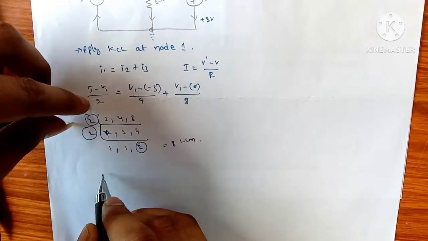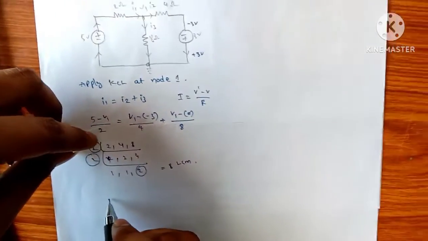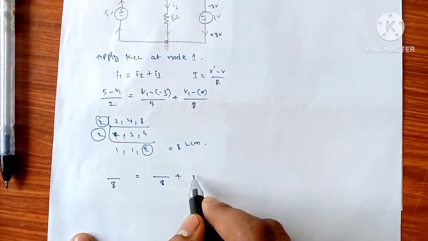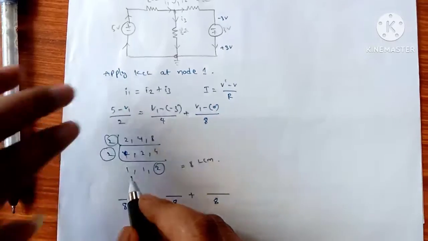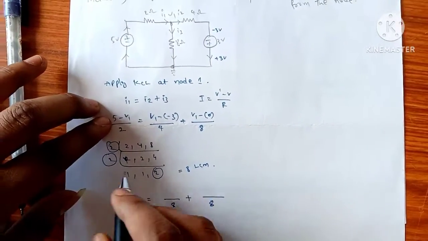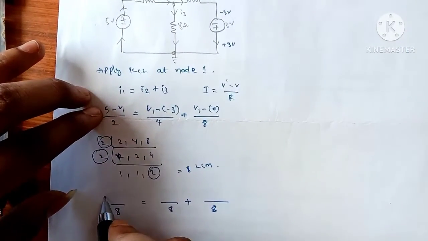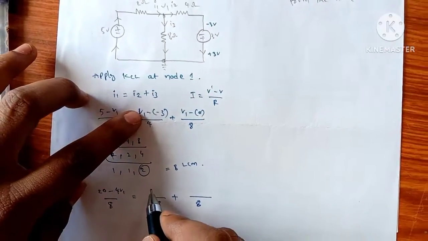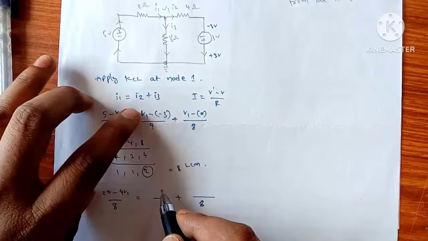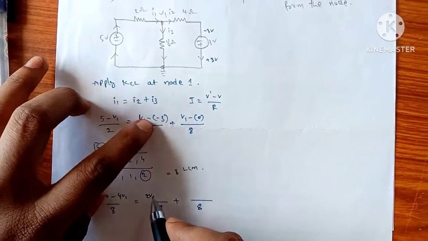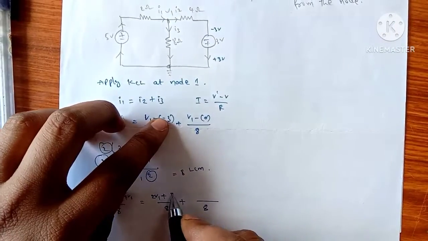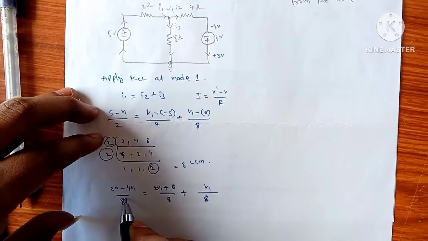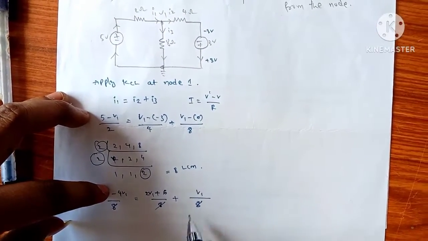So write this equation with denominator 8. 5 fours are 20 minus 4V1, which equals 4 into 2, 8. So 2V1 minus into minus plus 3, 2 sixes are 6. Here the 8 cancels out on both sides.